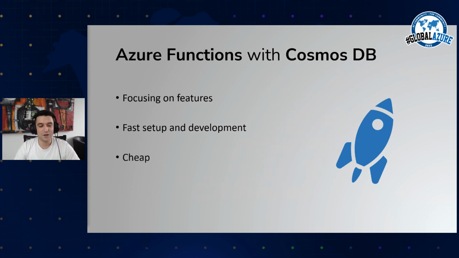Then the third point, it's cheap. I've made a calculation, and let's say with this existing app, if I would have, let's say, 1,000 users per day, this whole backend without the 3-tier would cost me literally less than 50 cents per month. So this is really a big advantage, I'd say.